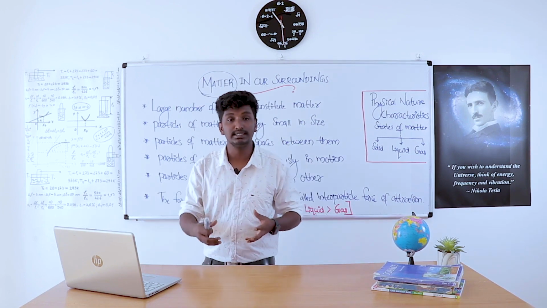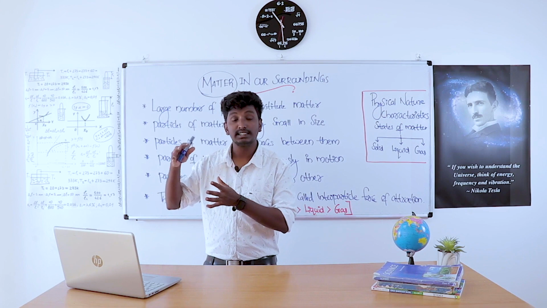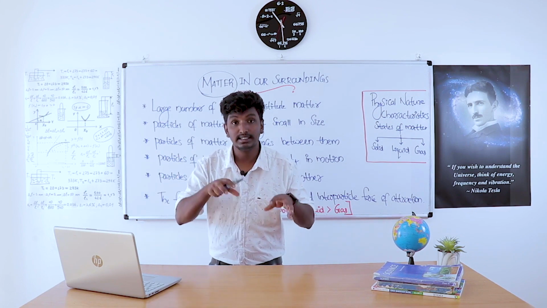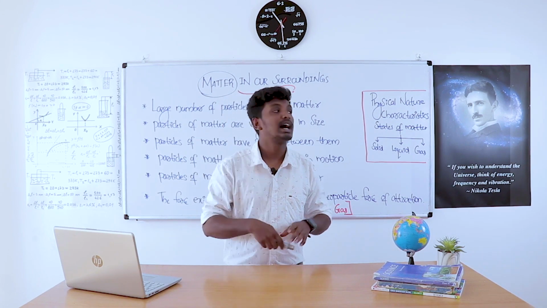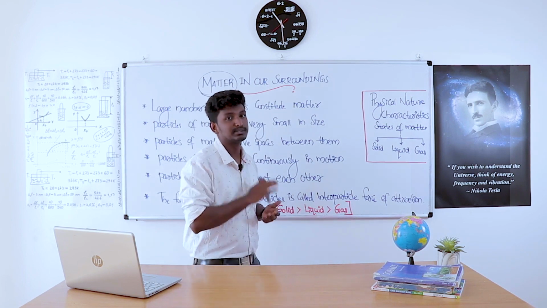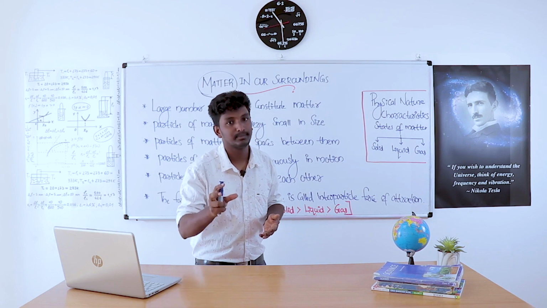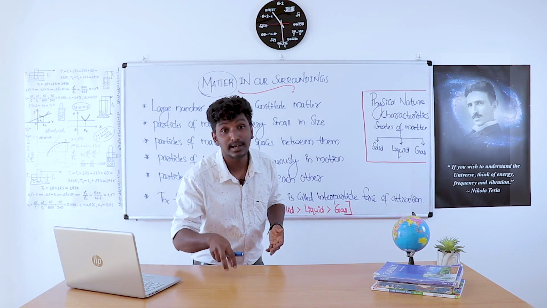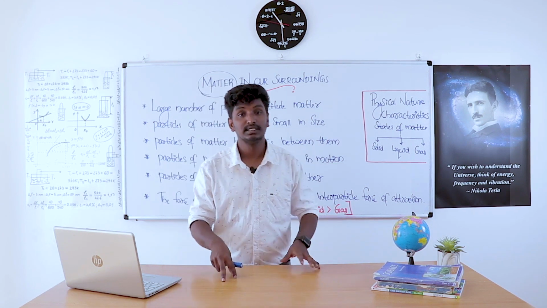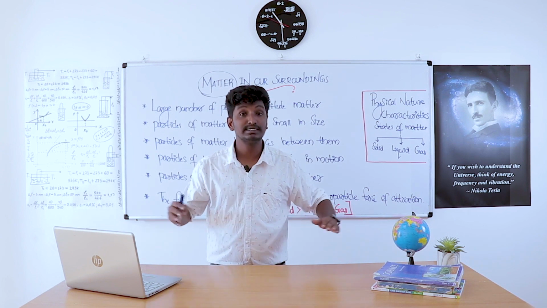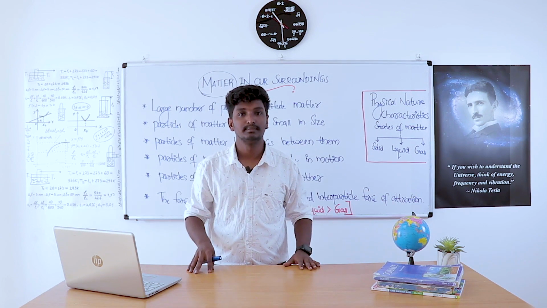When scientists analyzed these tiny particles, they named them atoms. You already heard that name, atom. These tiny particles are called atoms, and they are indivisible. They cannot be divided again.